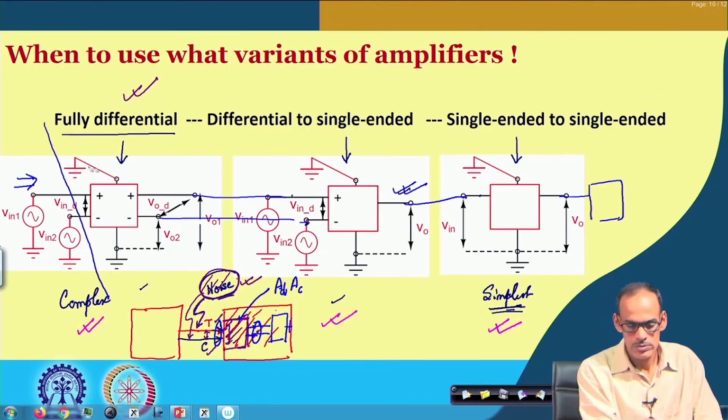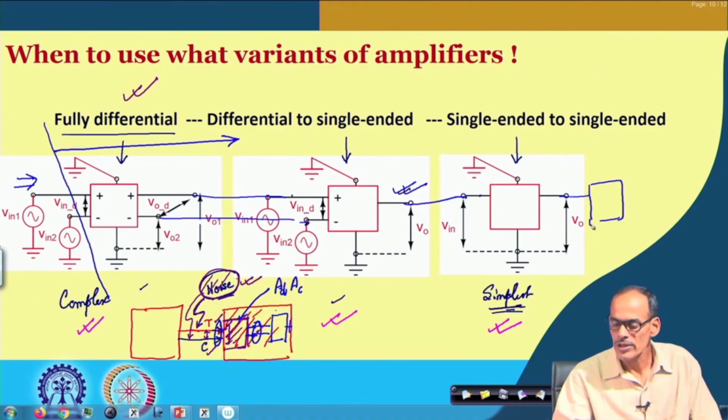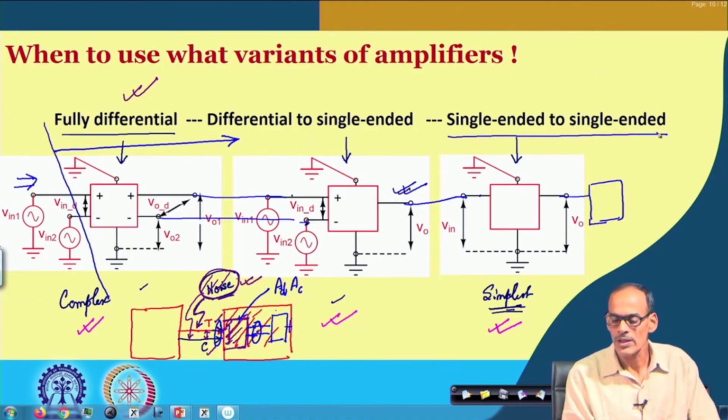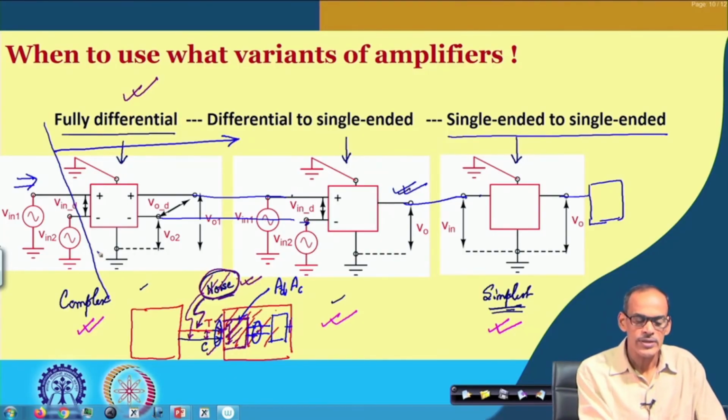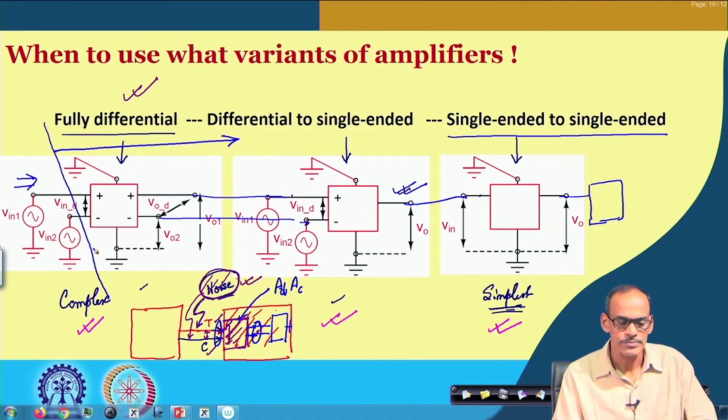So, this is the boundary of the system and this is the inside of the system. As you are going inside the system, for simplicity we keep the single ended blocks more and more there, and only at the interface we keep the port as differential.